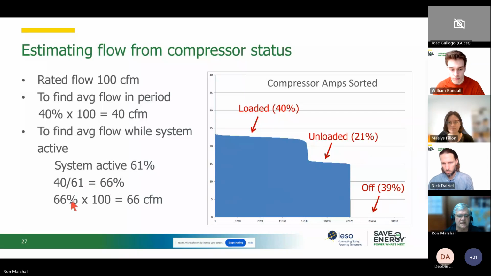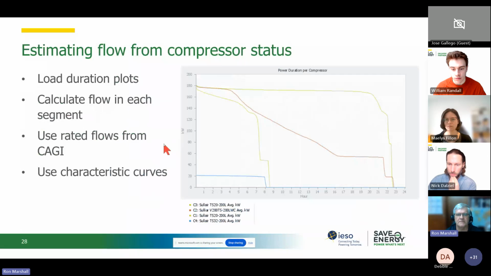So within this period of time when the system is active and pressurized, the compressor would be putting out on average 66 CFM if it was running at its rated output. Usually positive displacement compressors will be putting out pretty close to what their nameplate says.